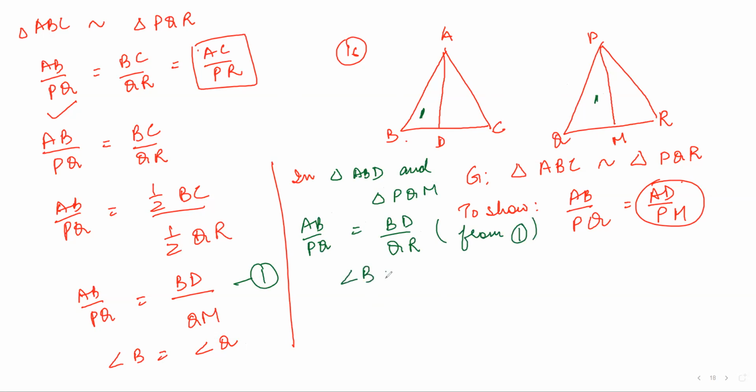And then I'm getting angle B is equal to angle Q. So by SAS criteria, triangle ABD will be similar to triangle PQM.